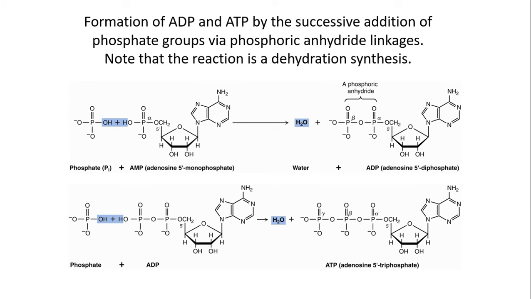We're going to eliminate water, and then we're going to form this phosphoric anhydride bond between the phosphate group and the monophosphate. Here we have adenosine diphosphate. We've added a second phosphate group, and from ADP we can add a third to come up with ATP, which is a high energy molecule.